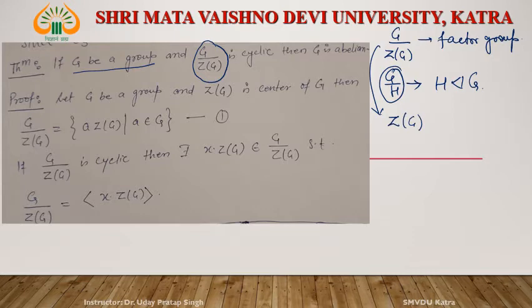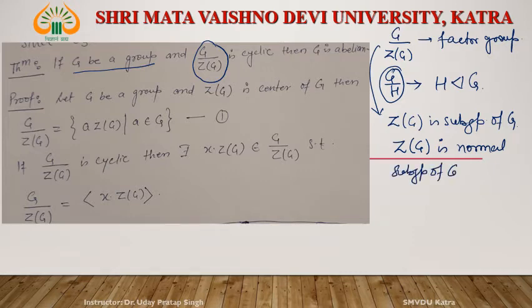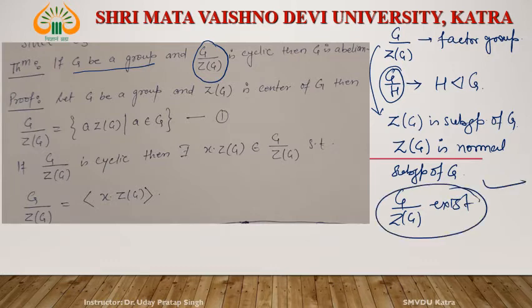Zg is a subgroup that we already proved is a subgroup of G. Then Zg is a normal subgroup since Zg is abelian. Normal subgroup of G. Therefore, G by Zg exists. Okay, no problem.